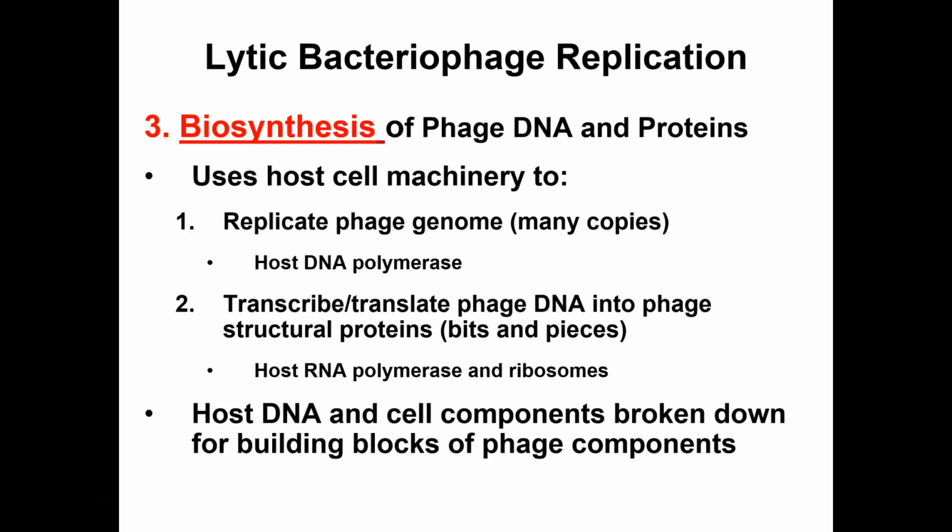Okay, so again, once that DNA is in there, the genes get expressed, the genome gets copied. How do bacteriophages do this? They just trick the host cell into doing it. So they exploit the host DNA polymerases. They take their RNA polymerases for transcription. They use their ribosomes for translation.